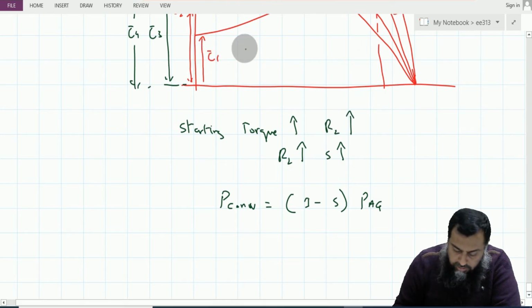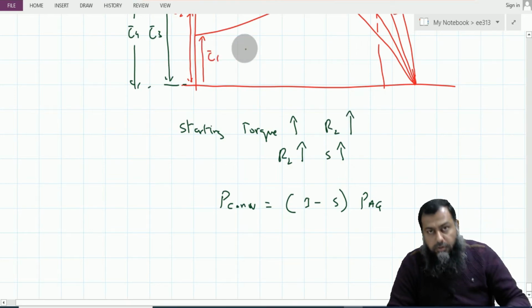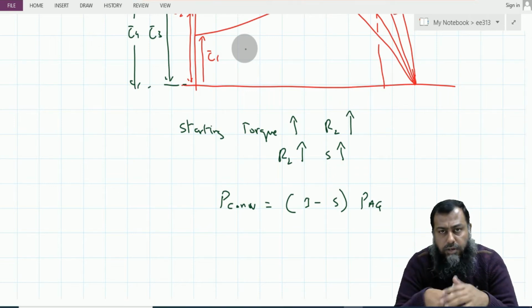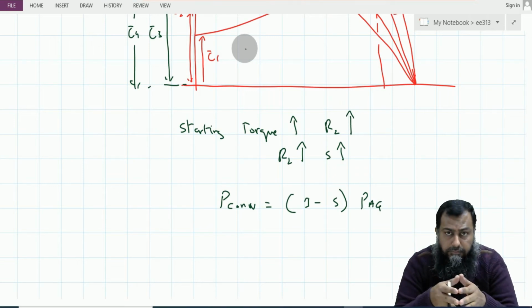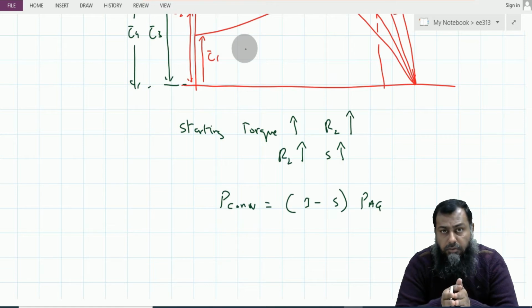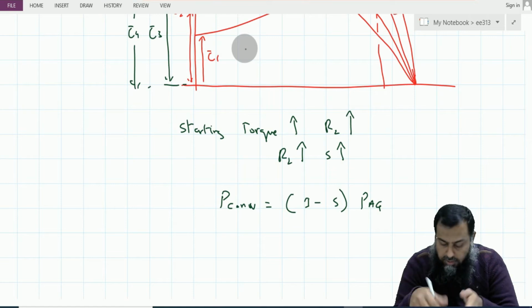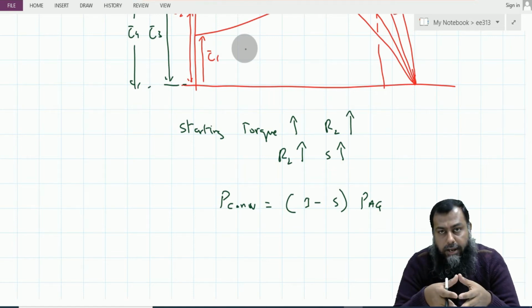So a compromise is required between the two, and one solution that we have already discussed is that we use a wound rotor induction motor and connect the resistances only during startup and take them out of the circuit. The resistance can be removed so that the motor operates at a lower slip value, so that we can maximize the converted power in an induction motor.